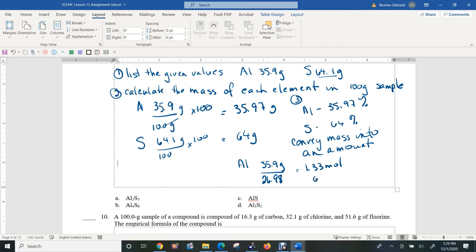And then we have 64 divided by 32, which is going to be 2 mole.